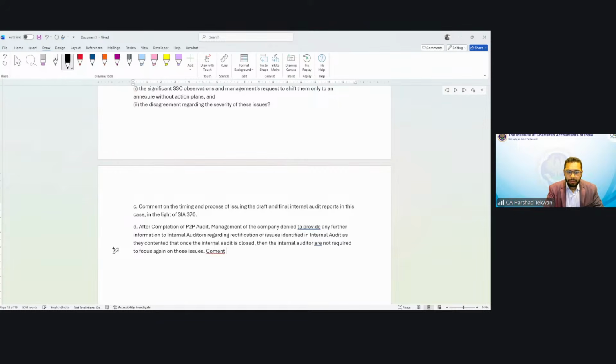Comment in light of internal auditors' responsibility on rectification of issues identified in internal audit. So you need to comment with respect to the internal auditor's responsibility on the rectification of issues identified in the internal audit.